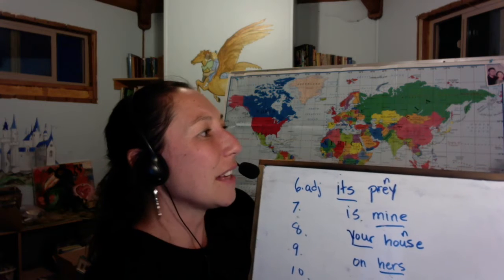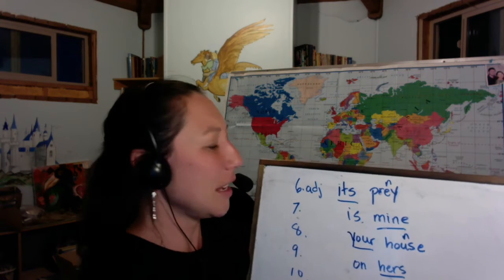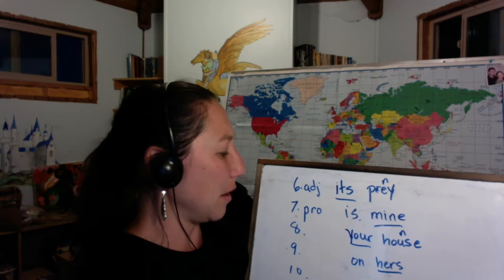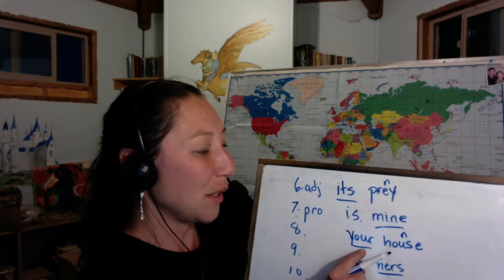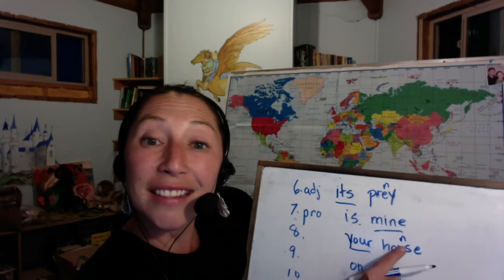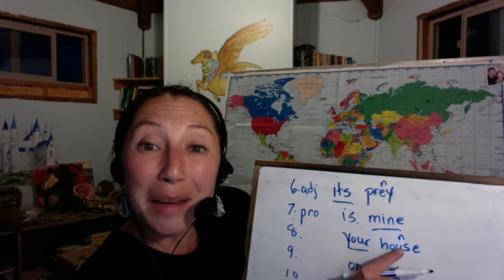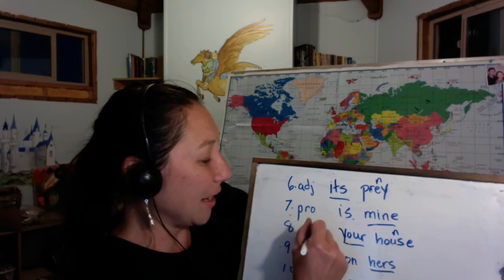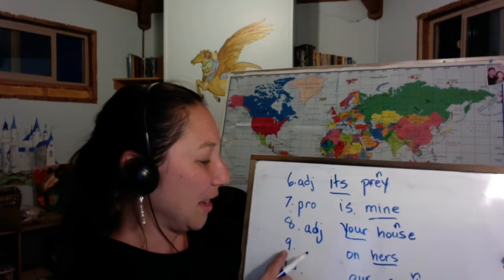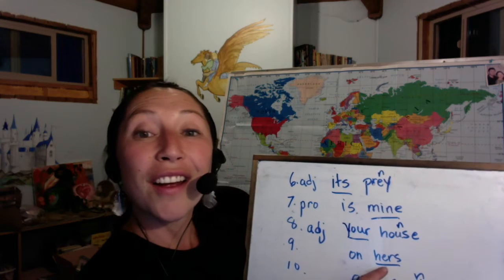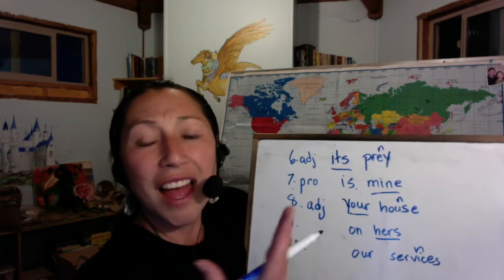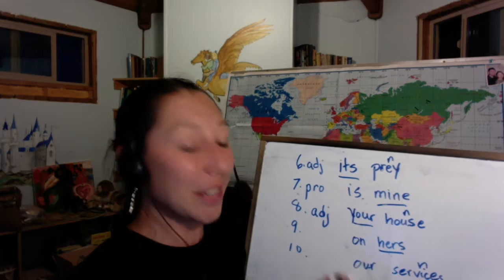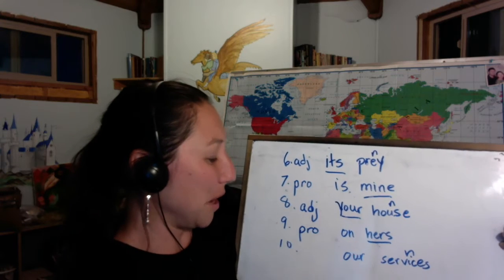Mine is not modifying anything, so it's just acting like a pronoun. Number 8, your house. Your is what you underline. Since house is a noun, your describes the noun, so it has to be acting like an adjective. Number 9, hers. Hers is not modifying a noun, so it has got to be acting just like a pronoun.